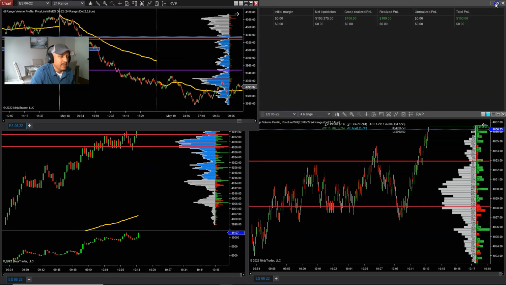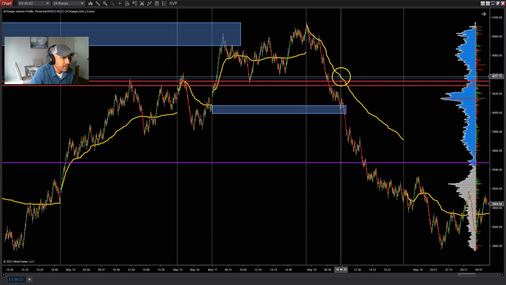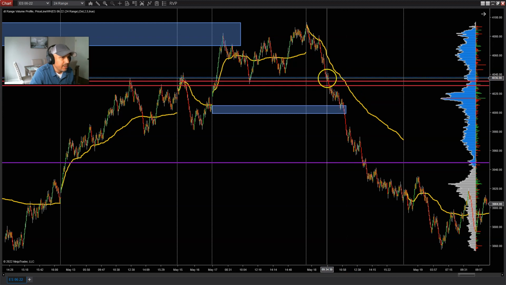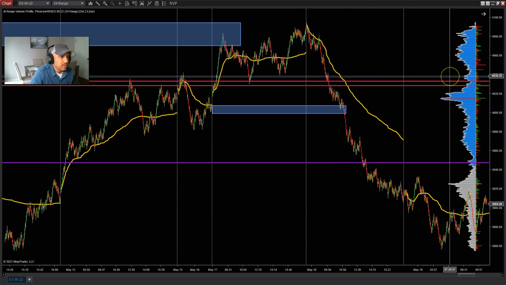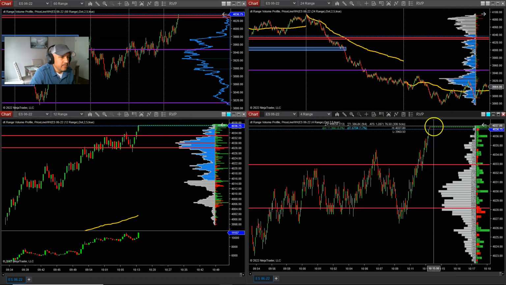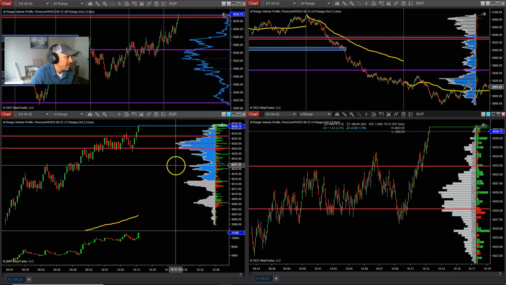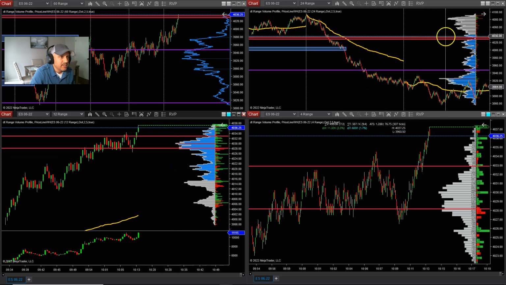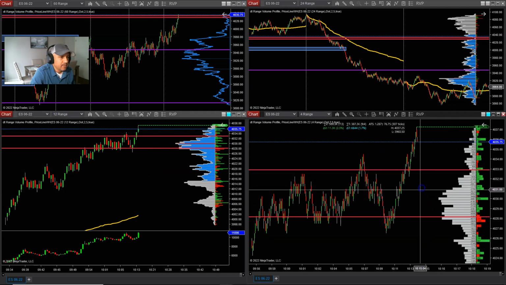But yeah, we are in the zone on the 24 range, this area right here. Let's see, price is at 37. We're in the area above that high volume area, sitting right here off the 24 range, so we could get some rejection.